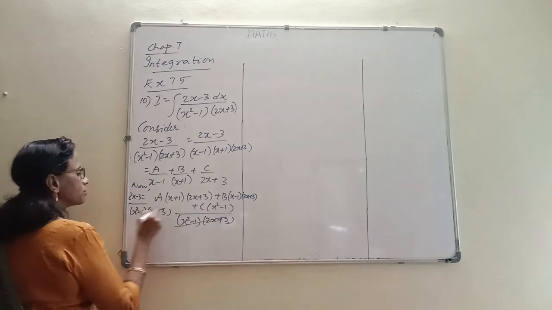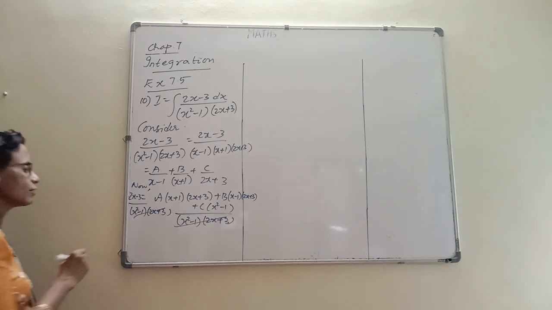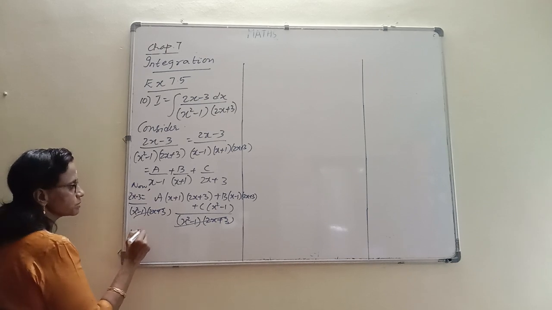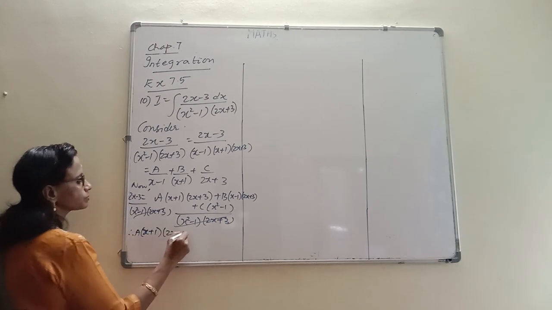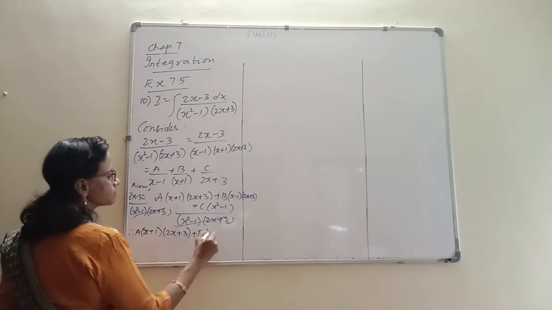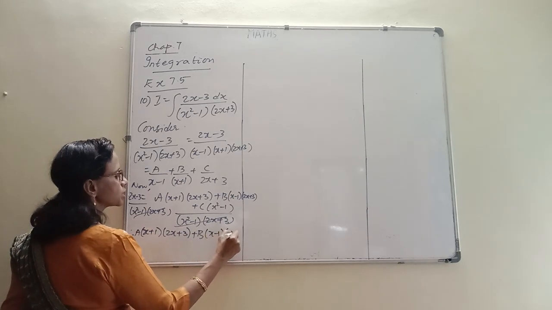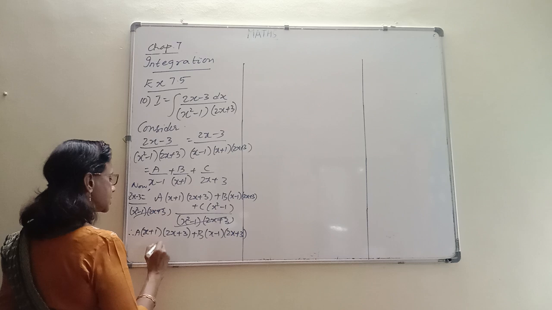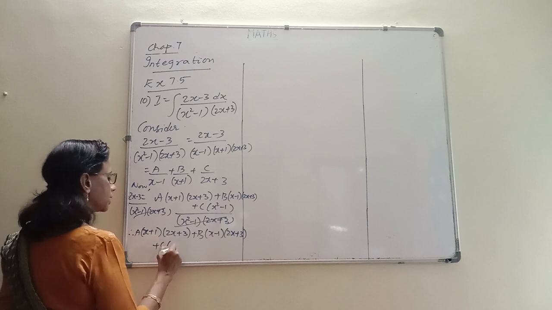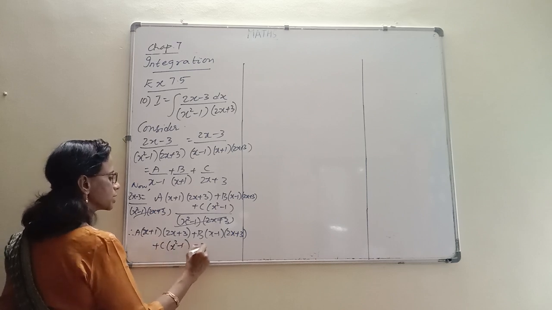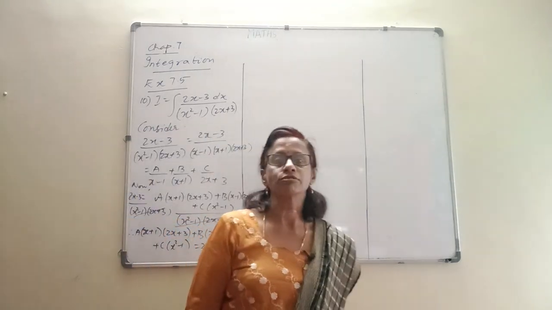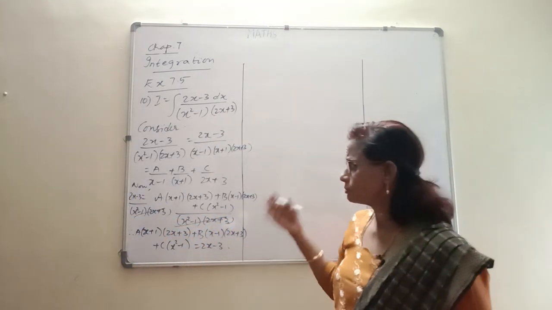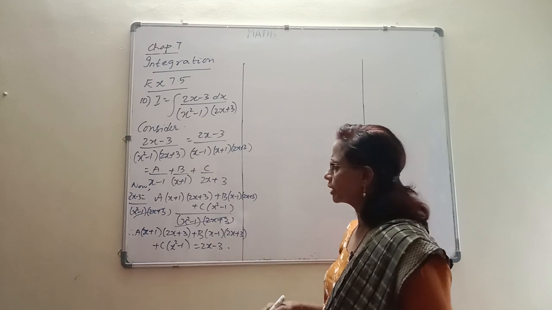That way both the denominators can cancel each other and we are left with A times x plus 1 times 2x plus 3 plus B times x minus 1 times 2x plus 3 plus C times x squared minus 1, which is equal to 2x minus 3. This is the place from where we are going to substitute and get the values of A, B and C, and that is how we are going to get the integral.